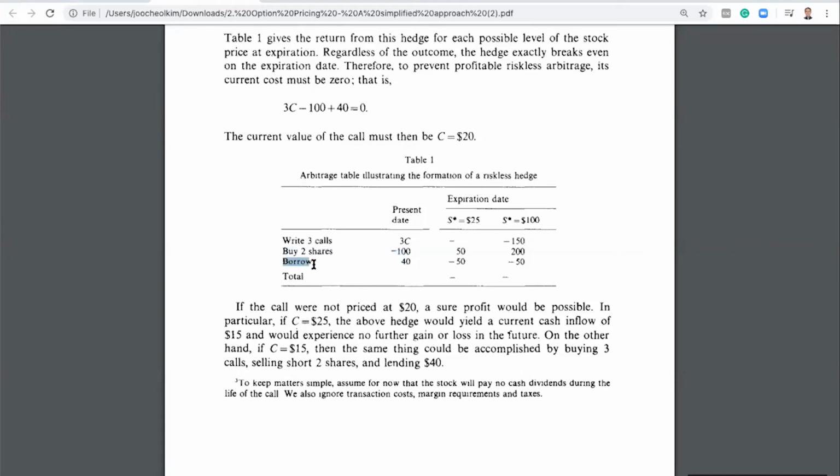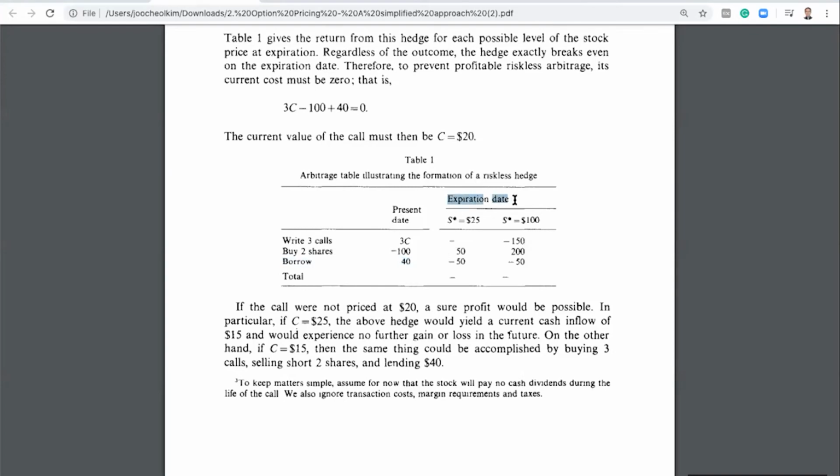And then I'm going to borrow a certain amount of money from a bank. Of course I have to pay it back, but right now I have an income cash flow, so it's $40. That's the present time cash flows.